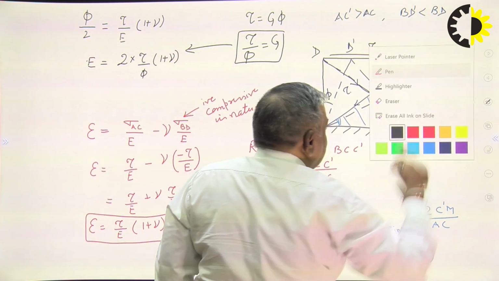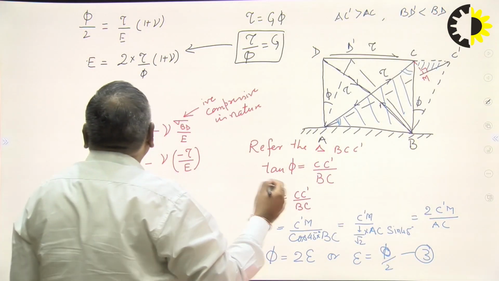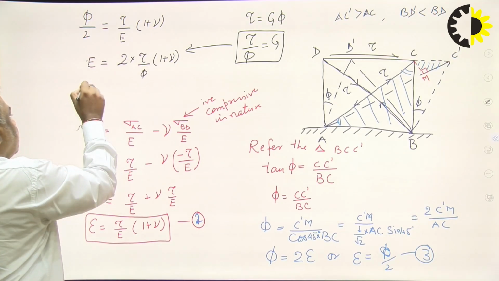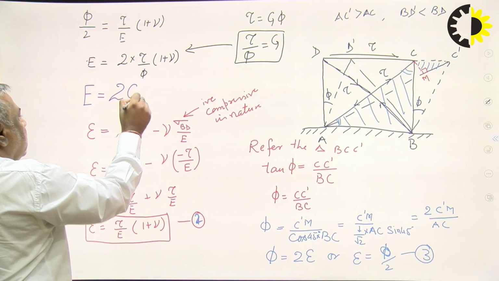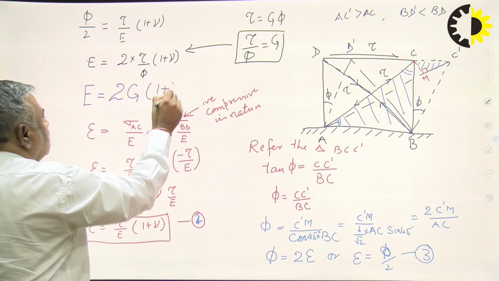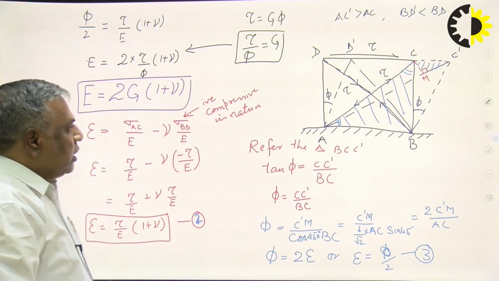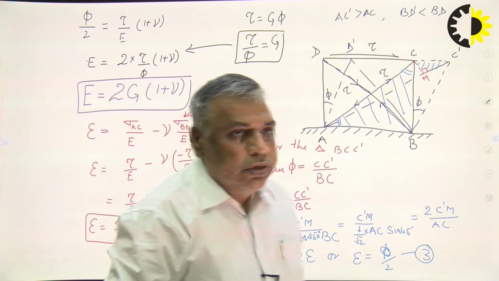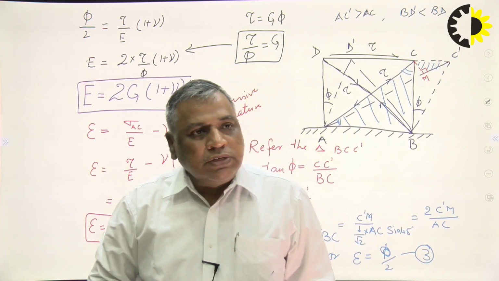We will get the relationship E is equal to 2G(1 plus nu). This is the desired relationship between modulus of elasticity and modulus of rigidity.